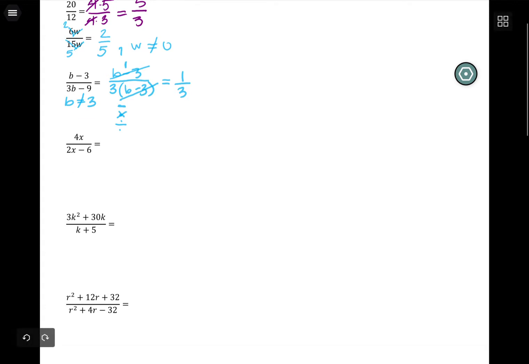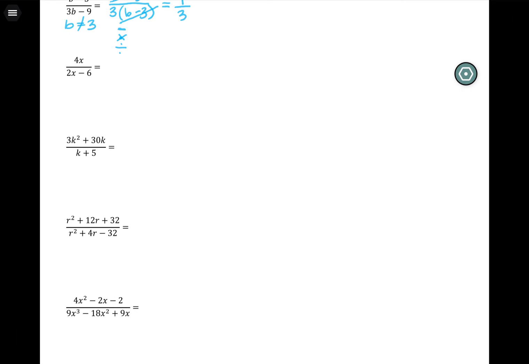Okay, so similarly for 4x over 2x minus 6, the top is already a product, right? So what we're looking at here is, again, it's tempting to try and cancel out 2's and x's, but you can't do it because the order would be, we do the multiplication on the top and the bottom, then we would do the subtraction, then we would do the division.